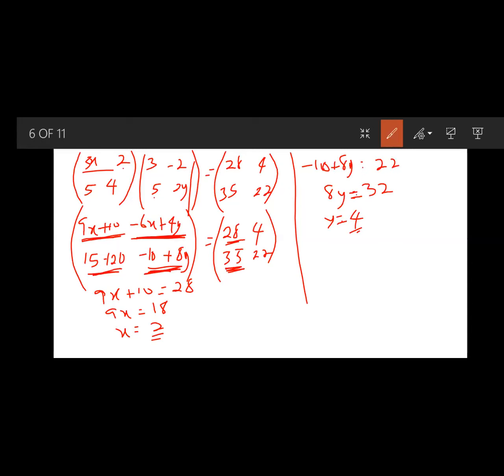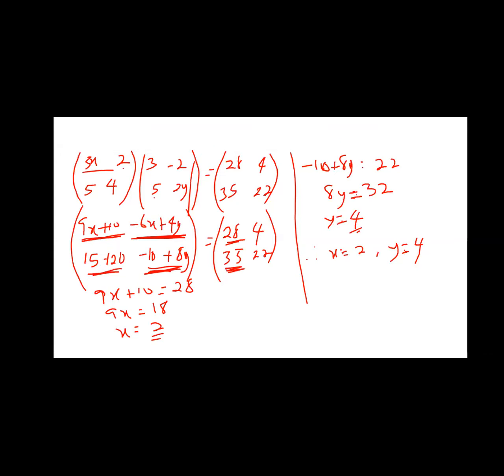So x is 2, and y is 4. As simple as that. So you can see that's how you can approach such a question. If there are no comments, we can move to the next question.